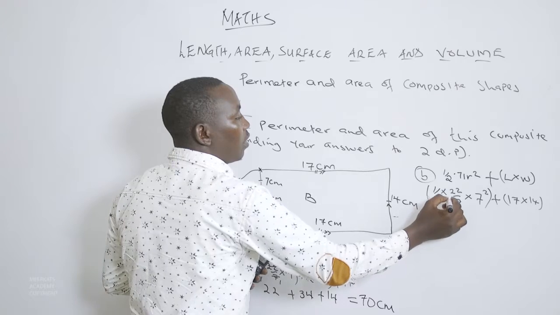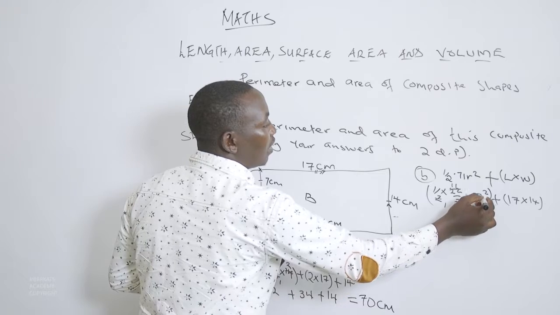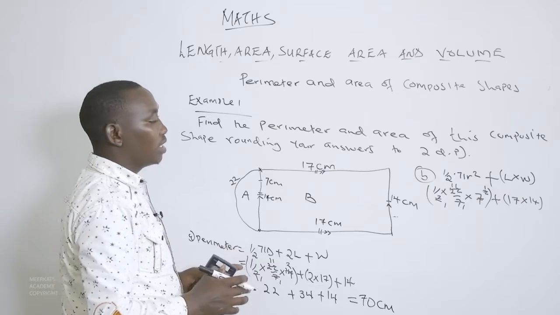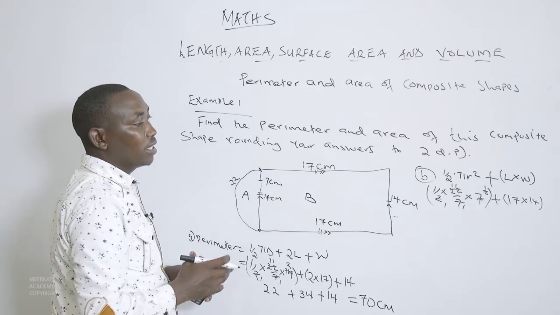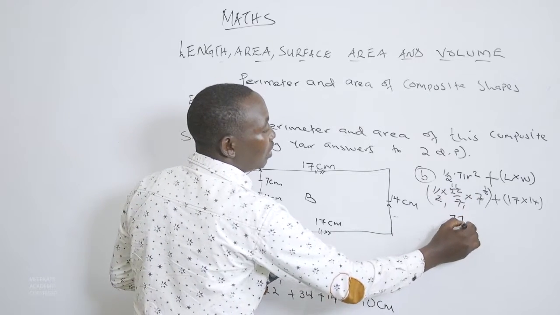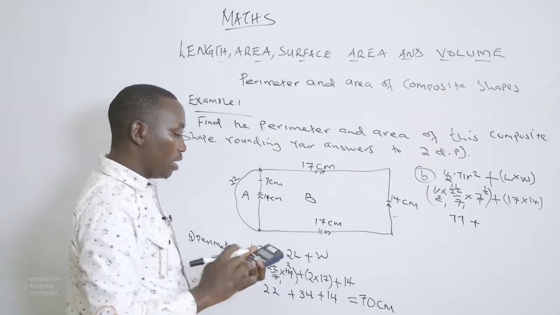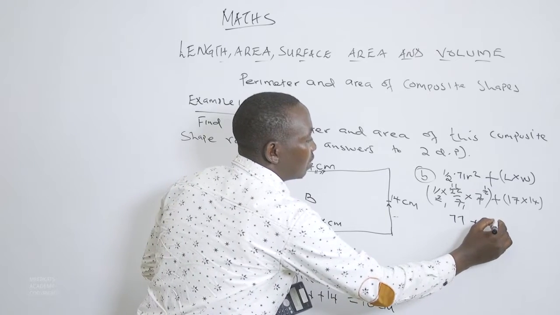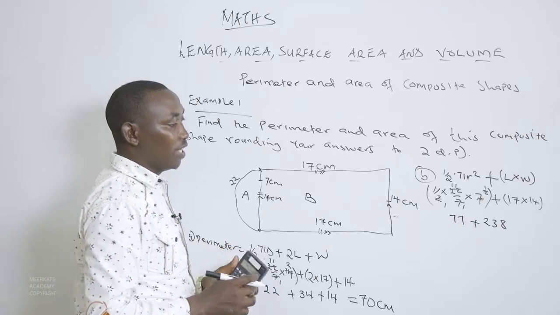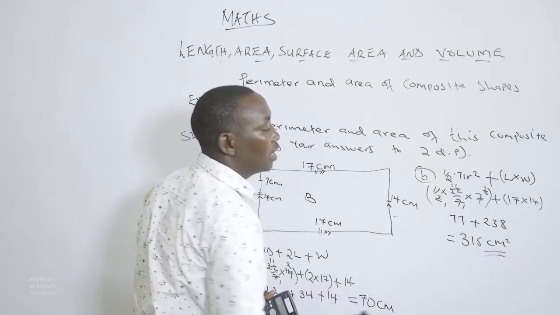Now 2 will go into 22 11 times. 7 into 7 squared will leave us with 7. So this particular part, the semicircle, will have an area of 7 multiplied by 11, which is 77 square centimeters, plus when you multiply 17 by 14, you get 238 square centimeters. So when you add it to 77, you'll get 315 square centimeters.